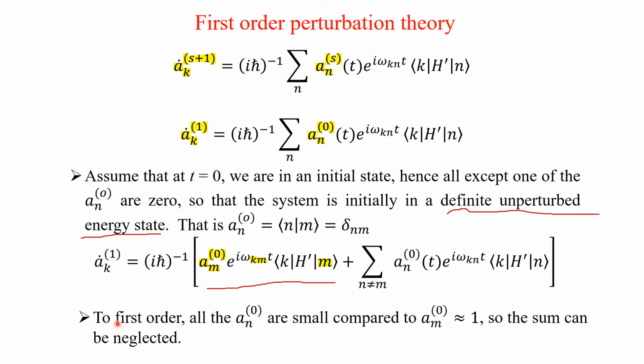So, to the first order, all an of 0 are small compared to am 0, because initially we are assuming the initial state is a definite state.